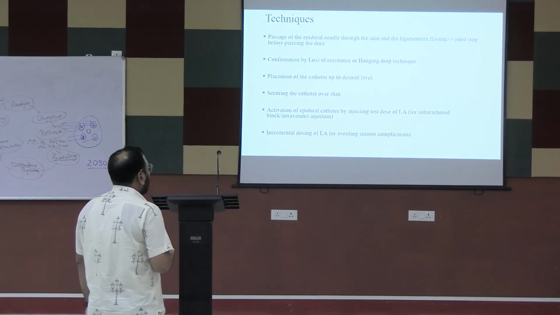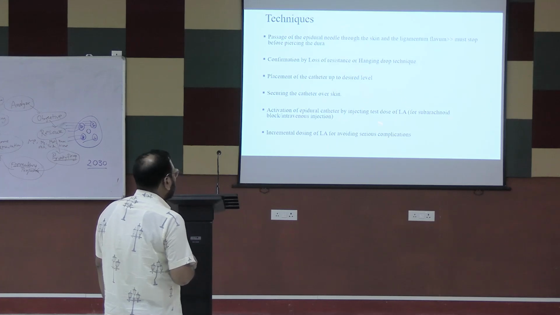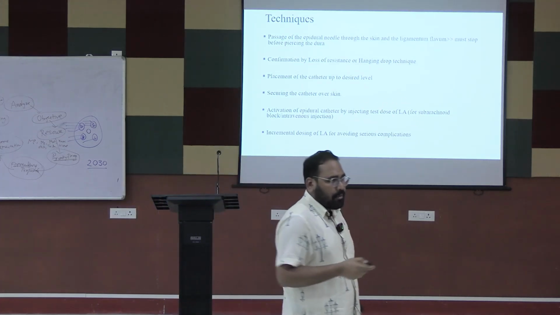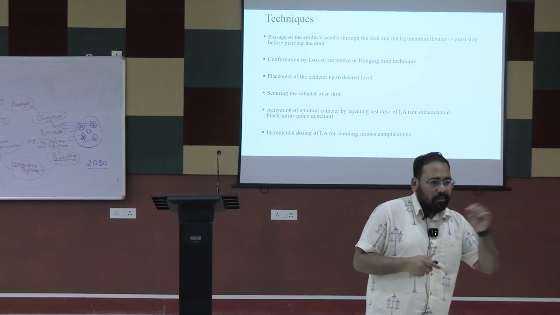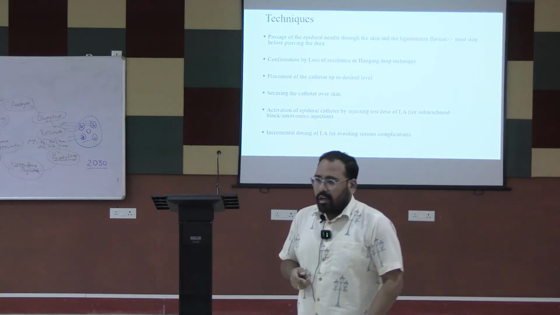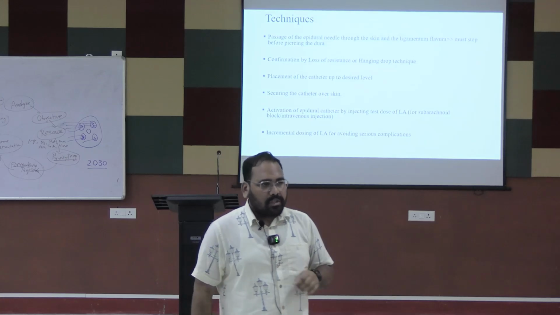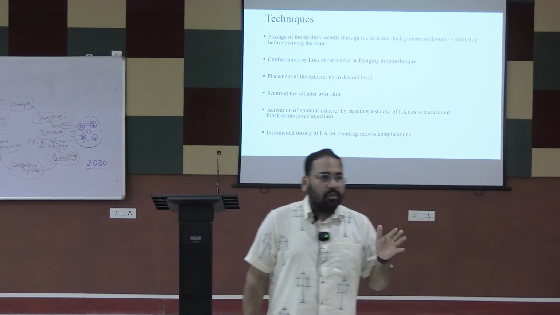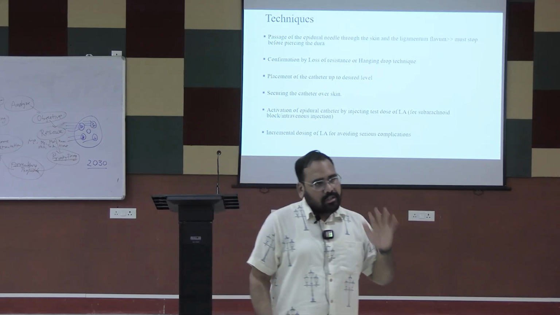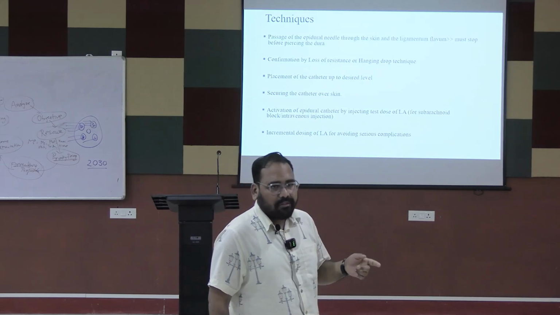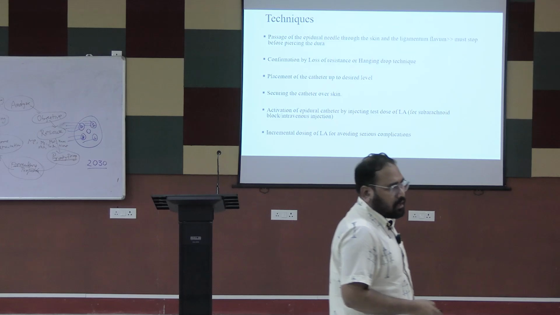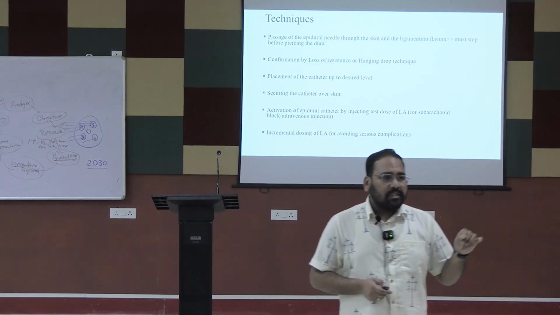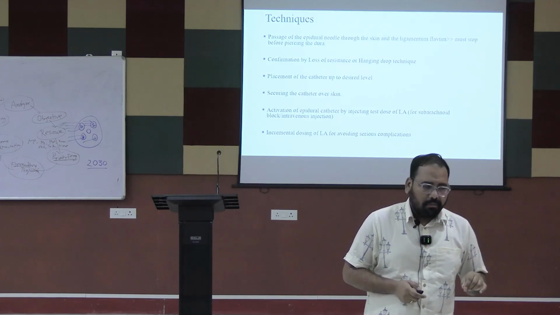There is one thing called the test dose of local anesthesia. What is that? Immediately after putting the catheter inside the epidural space, you don't give the whole amount of the drug. You need to give a test dose so that you can understand it is actually in place. It's a fail-safe method. It can happen that there is accidental intravenous insertion of the catheter.